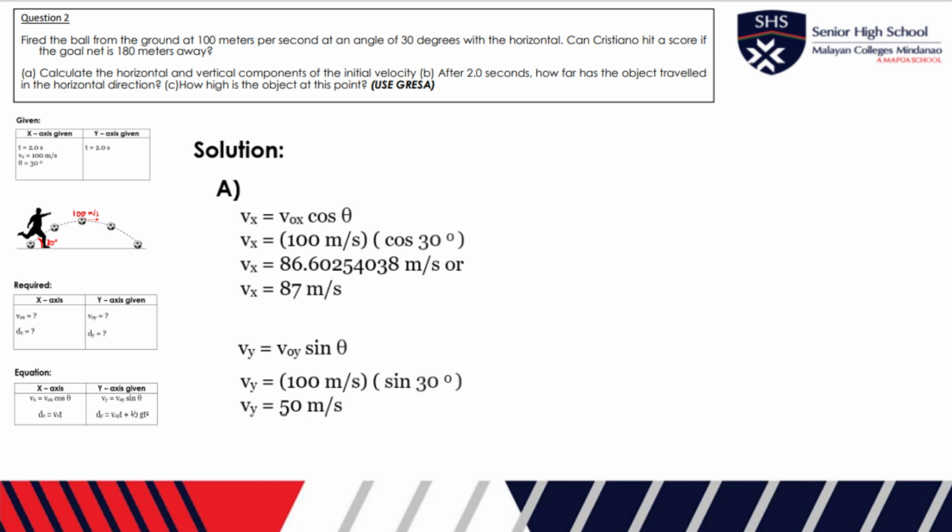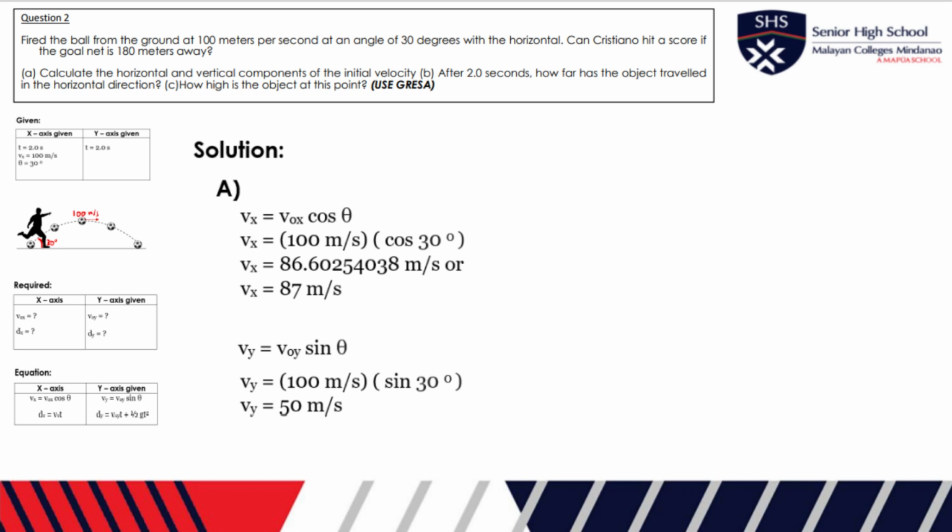We know that the initial velocity is 100 meter per second and the angle is 30 degrees. So you just need to multiply the values, giving you 86.60254038 meter per second, or simply 87 meter per second, considering the smallest significant figure.